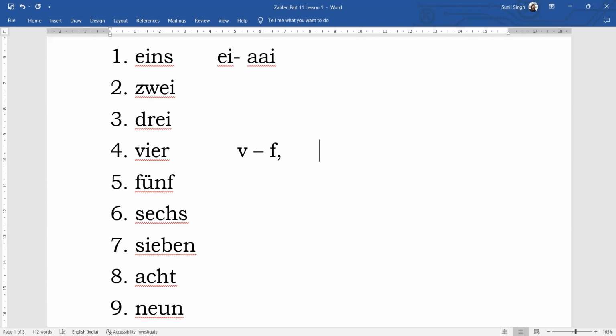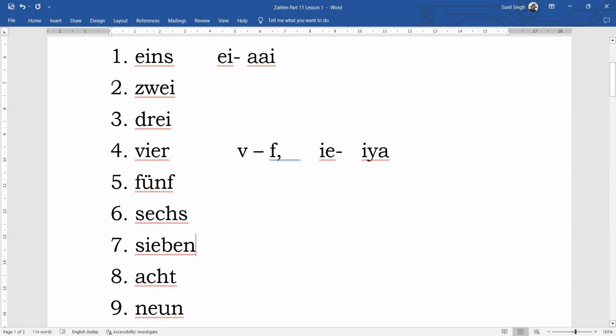IE, if it comes together, the sound is like ear. Ear, that kind of sound. So it's a hint. Vier. Fünf: the ü umlaut sound is like U. Fünf, sechs, sieben.